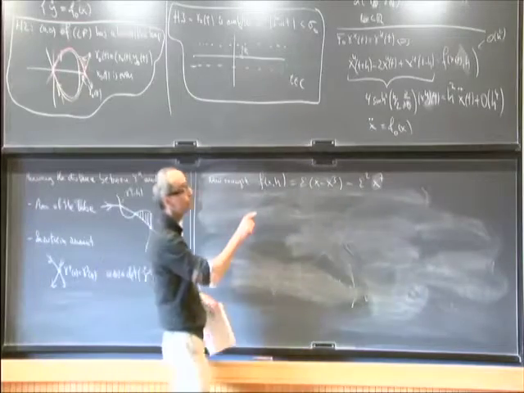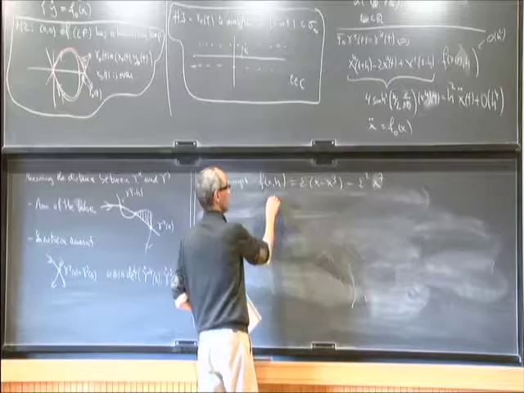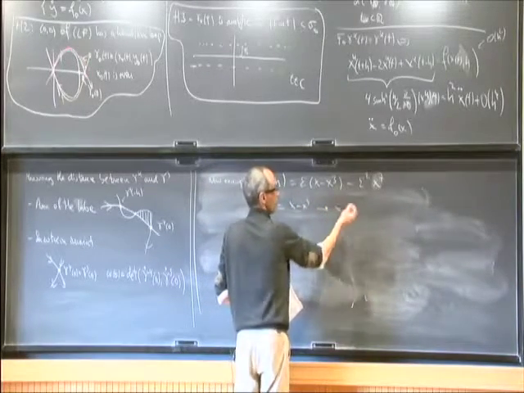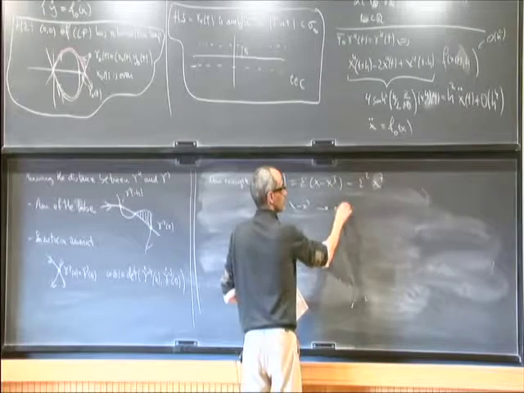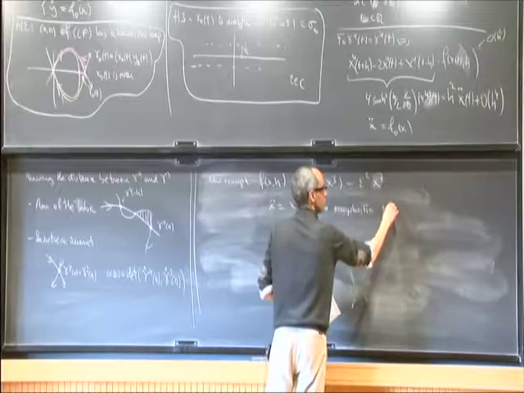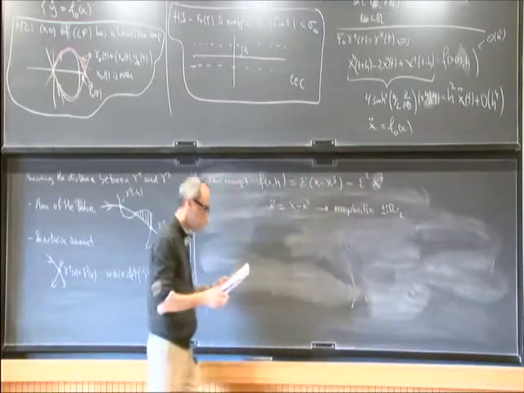Then the limit flow is exactly like in the case of the McMillan map. It's a Duffing equation, and the singularities do not change, they are here.